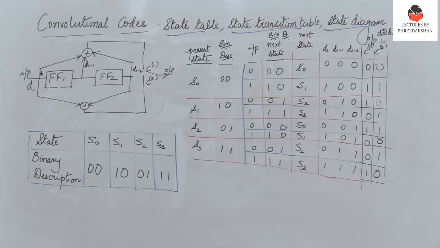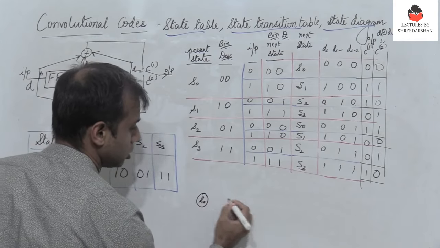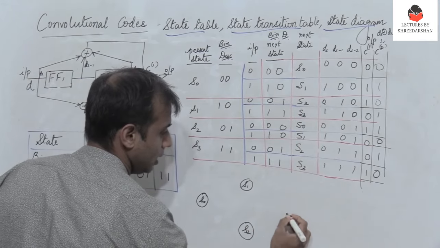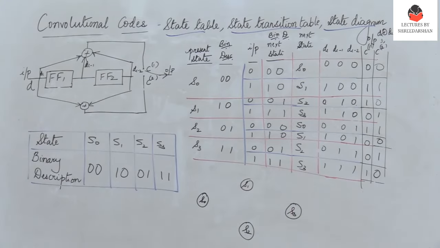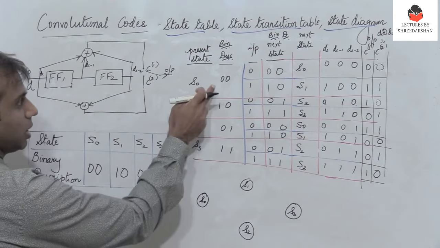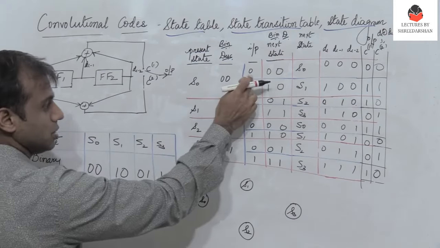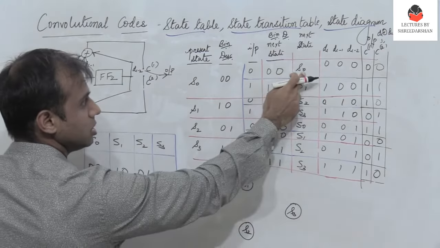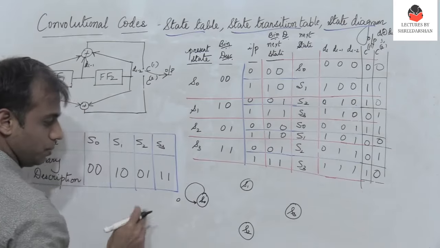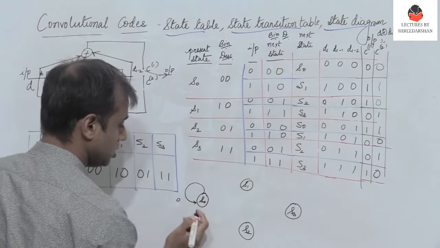Now to write the state diagram, what do we do? Let me write the 4 states S0, S1, S2 and S3. Now S0 is nothing but the present state whose binary description is 0, 0. If input is 0, the next state is S0, but with the output 0, 0.